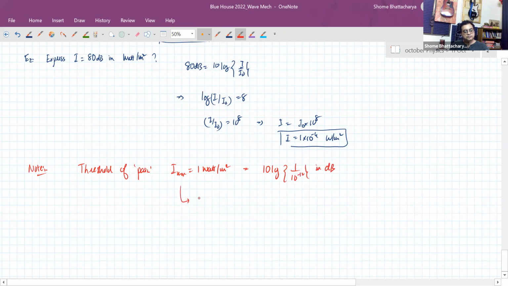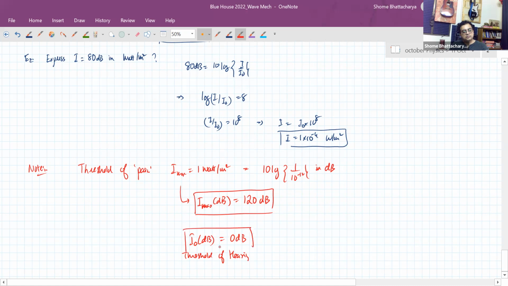So in decibel scale, this becomes 120 decibels. Whereas I naught in decibel scale, the threshold of hearing, is 0 decibels. The threshold of pain, we discussed this earlier.